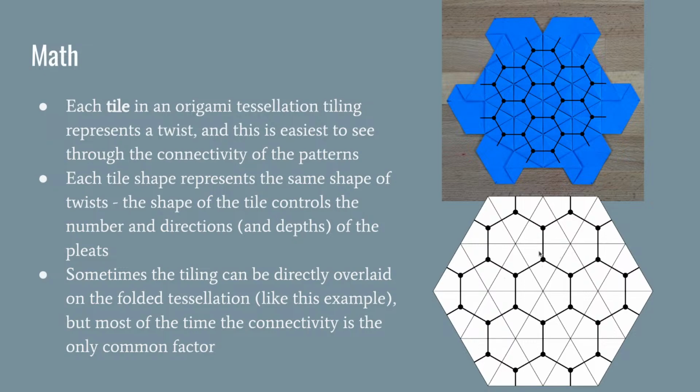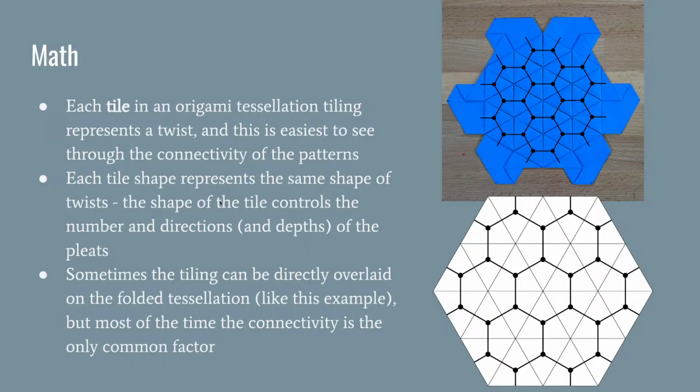So if we put a dot in the center of each tile and connect dots where the tiles share an edge, that is equivalent to putting the dot in the middle of each twist and connecting twists that share a pleat. And we'll see, we can draw this structure on a crease pattern. Also, I call it the skeleton of the crease pattern, which again is coming up in a little bit.